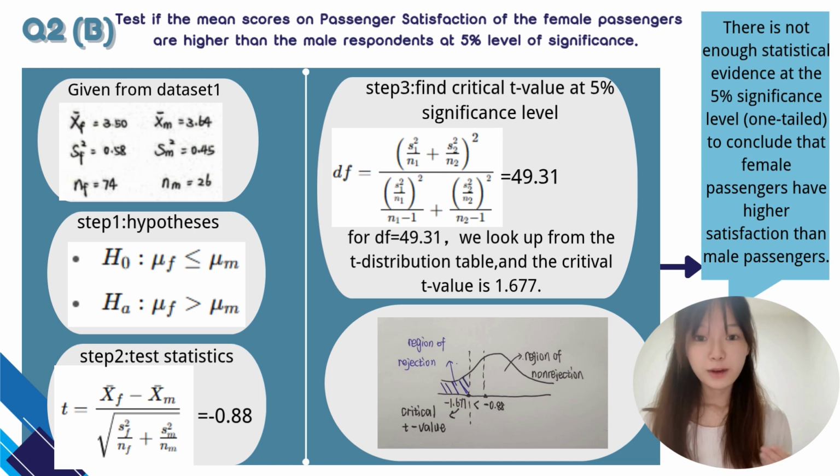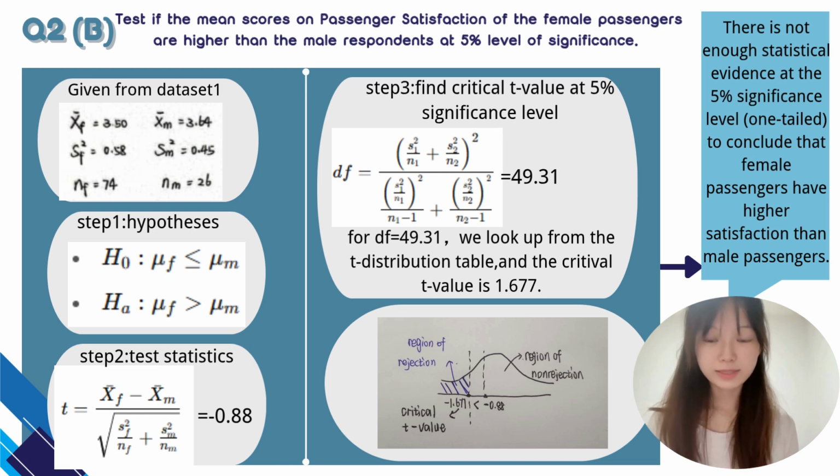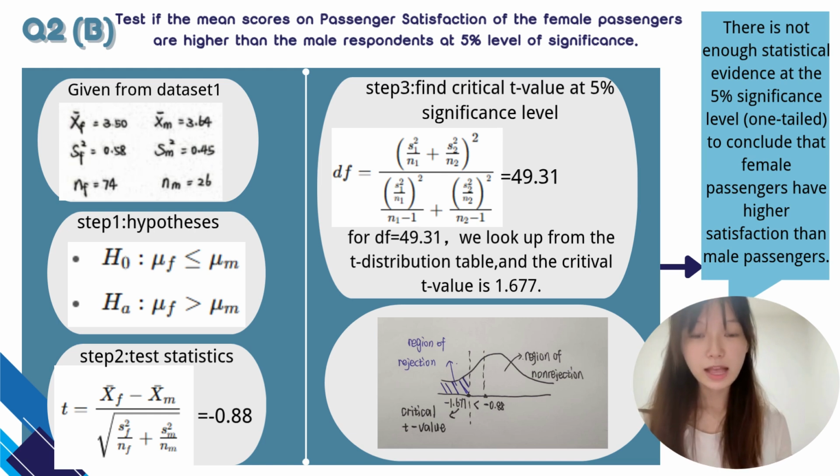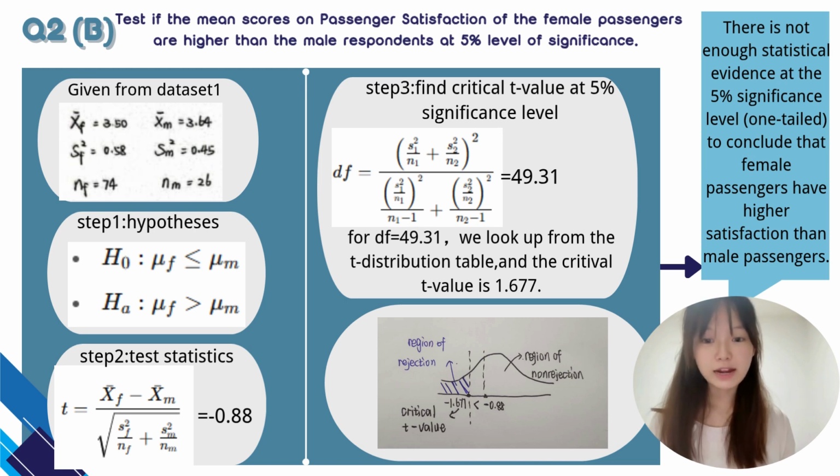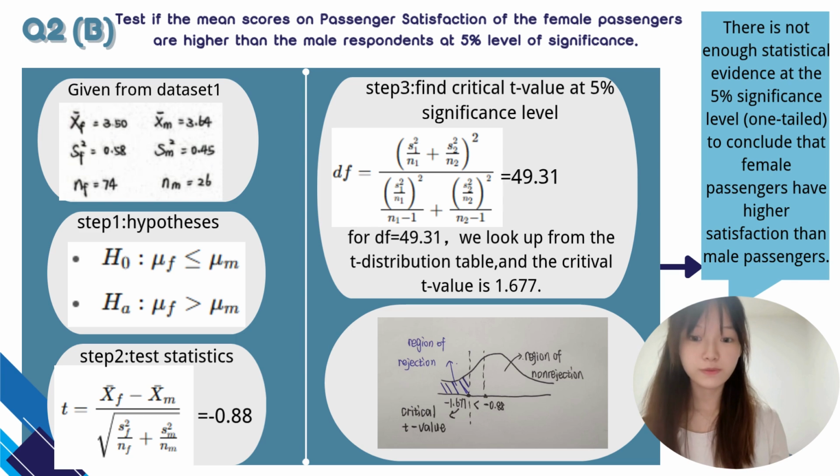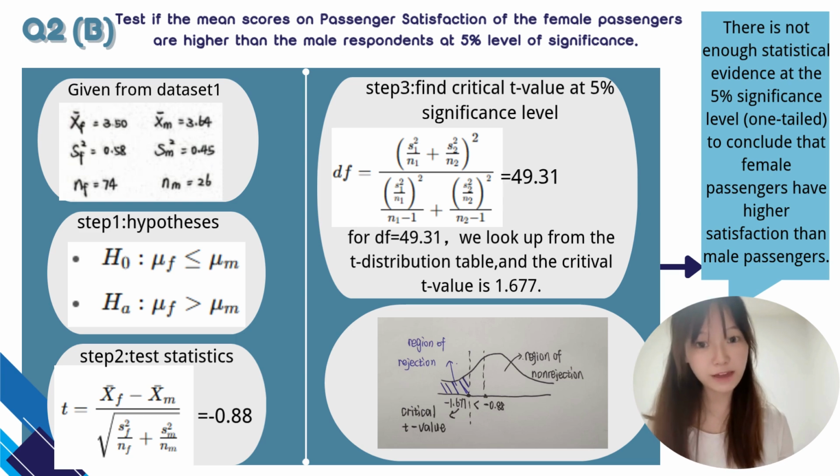So we get the result. In conclusion, there is not enough statistical evidence at the 5% significance level to conclude that female passengers have a higher satisfaction mean score than male passengers.